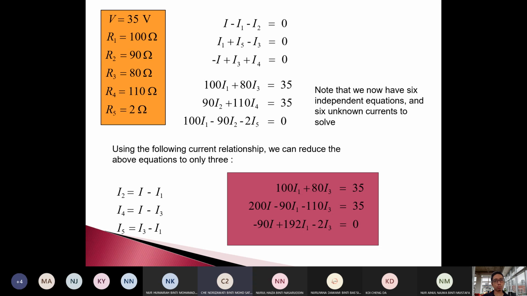Now you have 5 unknown variables, 1 2 3 4 5. Now it is reduced to 3 unknown variables, which are I, I1 and I3.